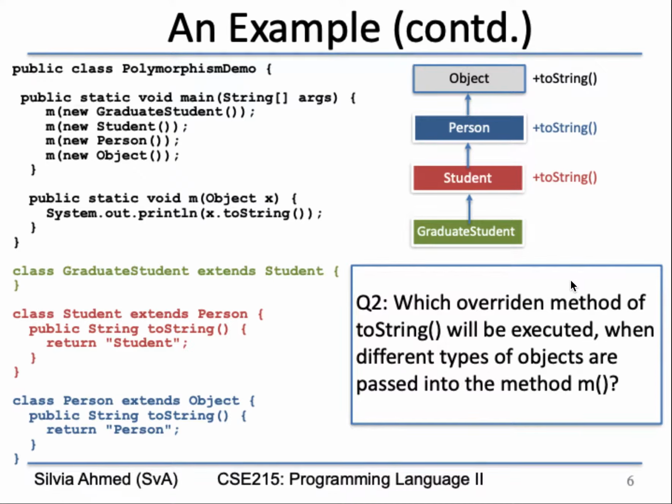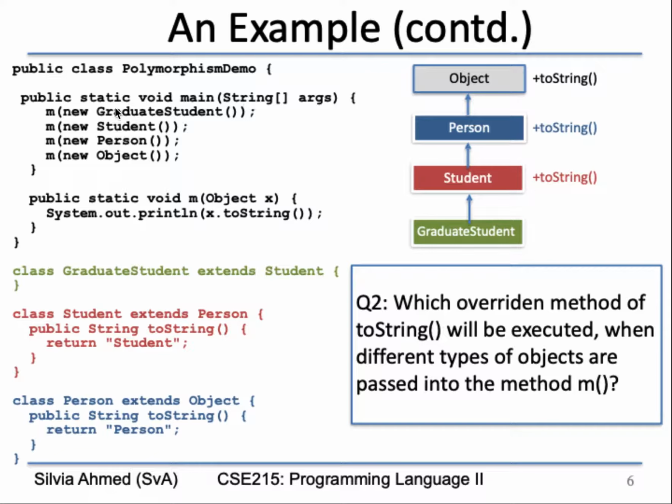So, the next question that we will try to answer is, when the toString method gets called from inside the method M, which implementation of the toString method along this inheritance chain gets executed?